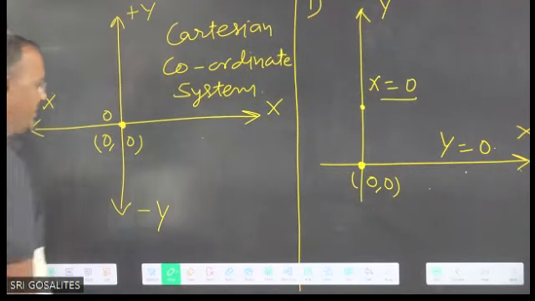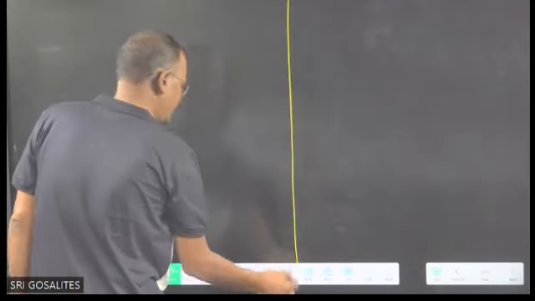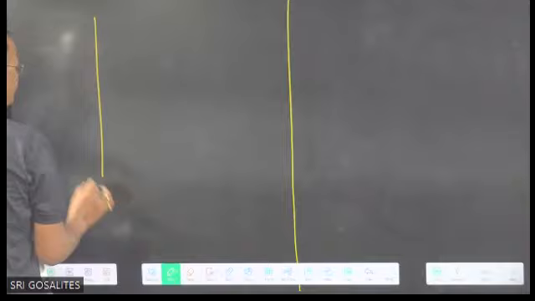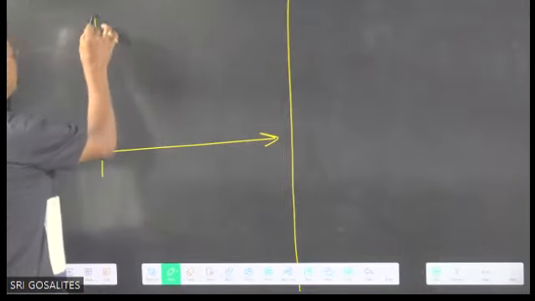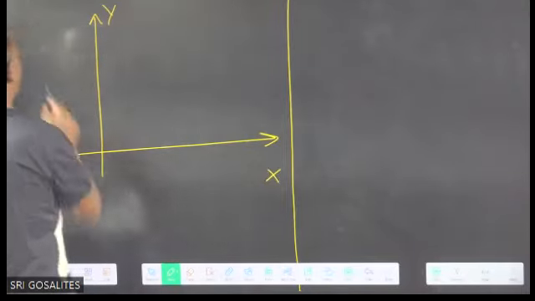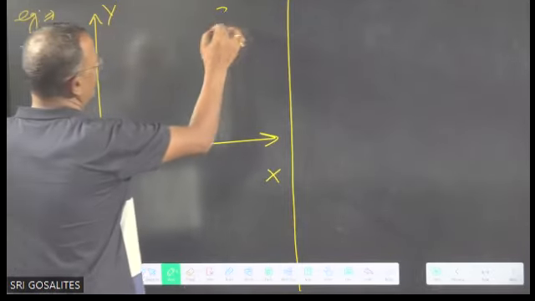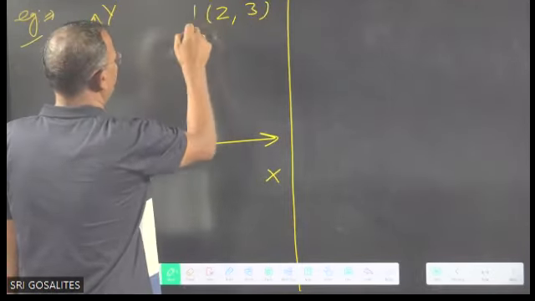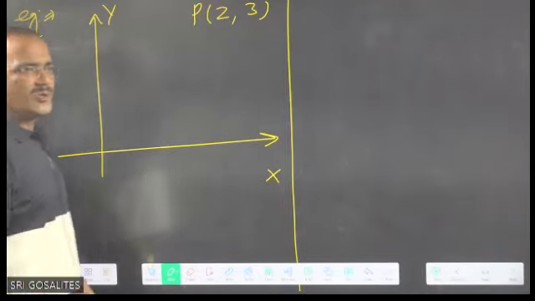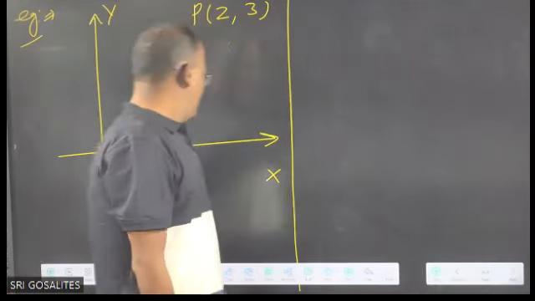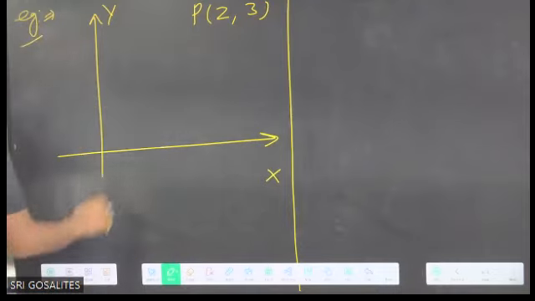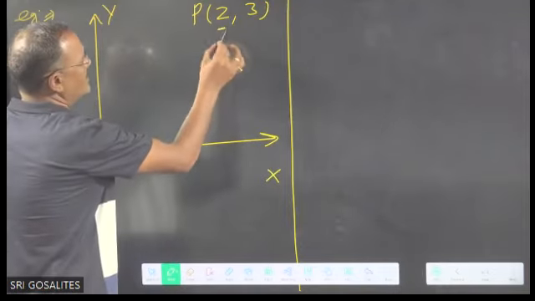अब हम ये देखेंगे बेटा, how to locate a point. Suppose there is a question. In a Cartesian coordinate system, locate the point P with the coordinates 2, 3. So how to locate the point 2, 3? ये कौन सा coordinate है बेटा?